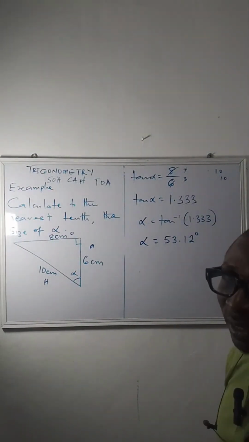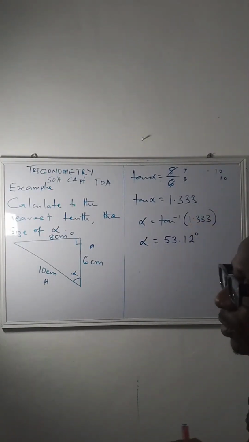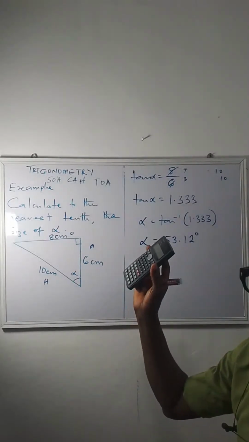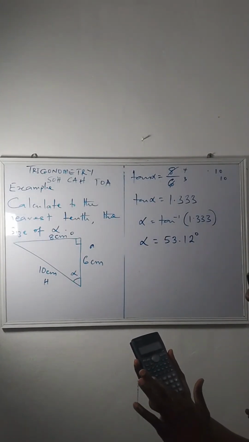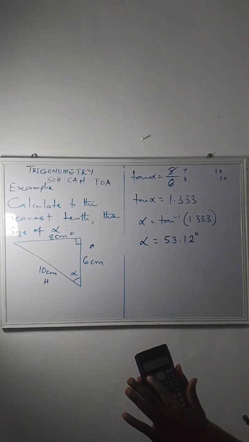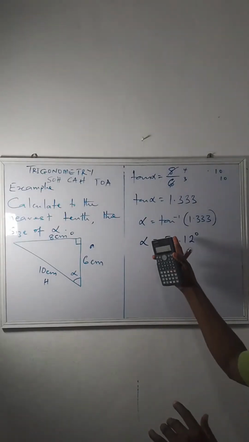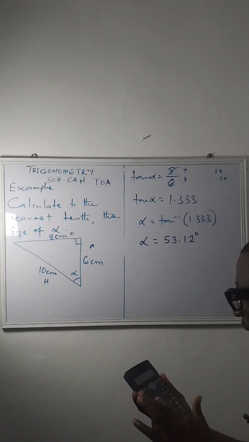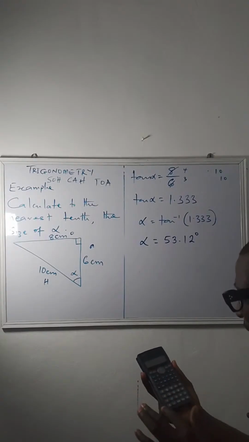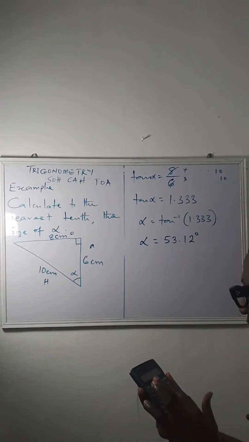All right, I want every one of you to go back and check. If you are making use of your calculator, it's very easy. All you need to do is press shift on your calculator first, then press tan. Don't just go ahead and press only tan. If you press tan and then 1.333, you'll have a wrong answer.